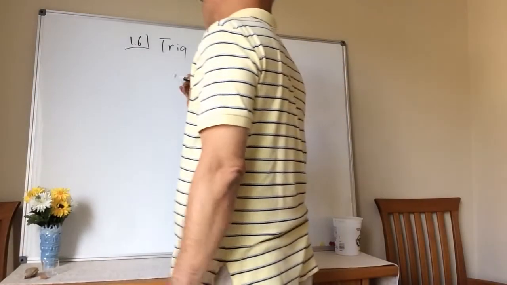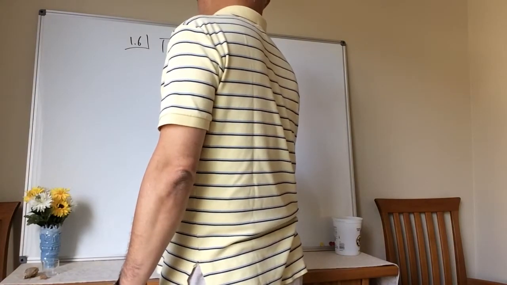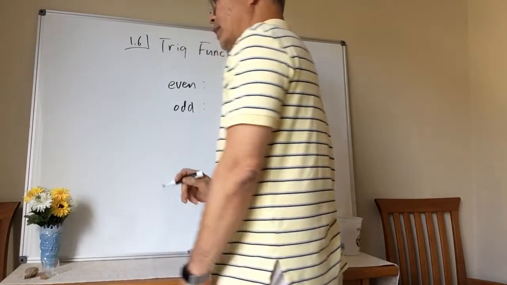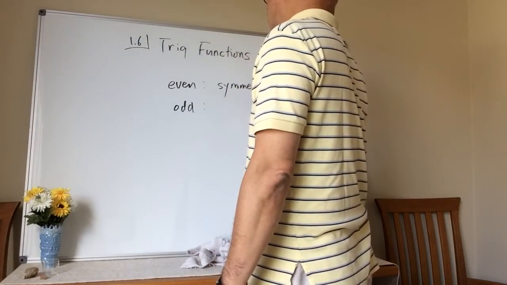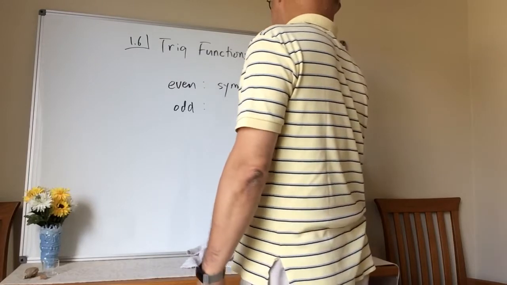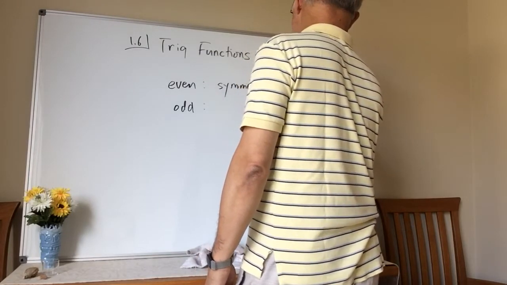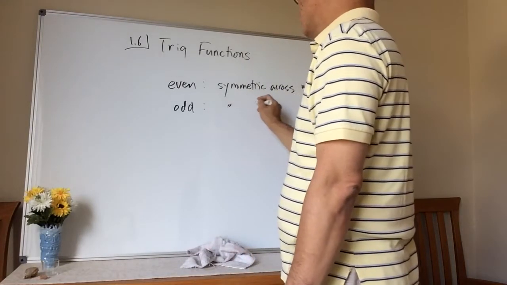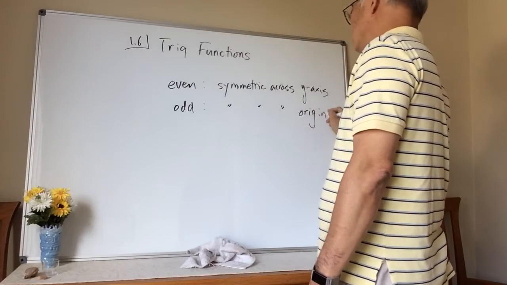Even and odd functions. An even function is symmetric across the y-axis, whereas an odd function is symmetric across the origin.